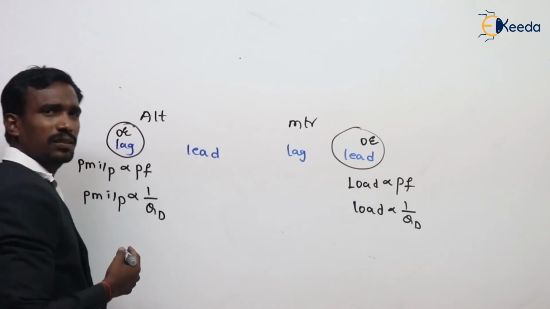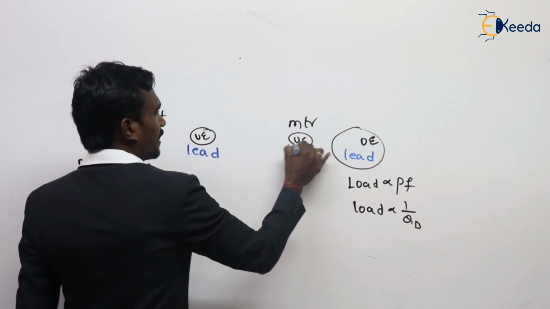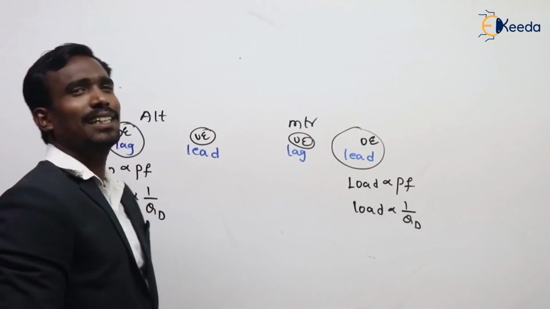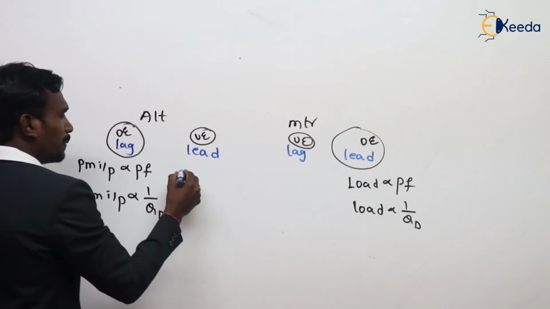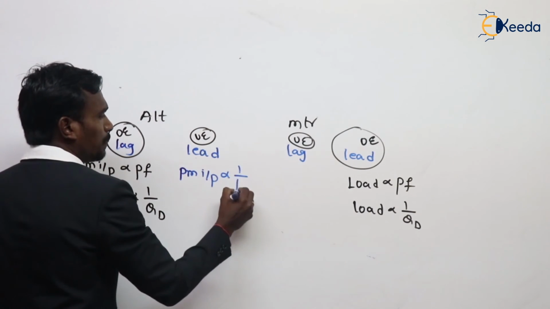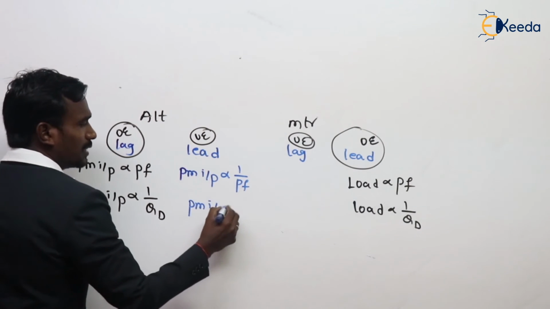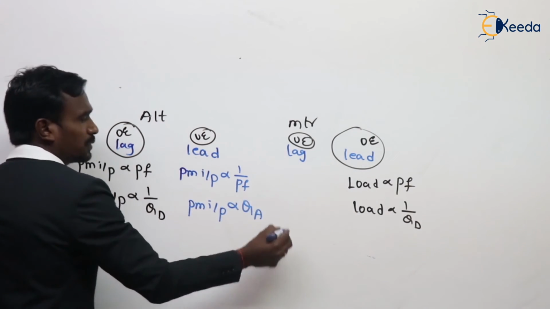This is simple. And this is underexcited. This is also underexcited. Just lagging is leading, leading is lagging. Here the prime mover input is inversely proportional to power factor and the prime mover input is directly proportional to Q observed.